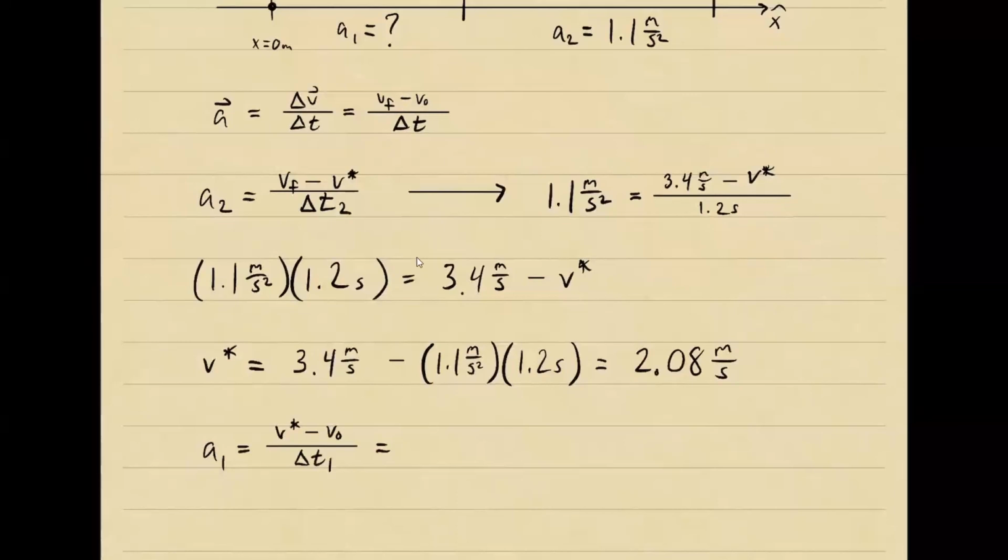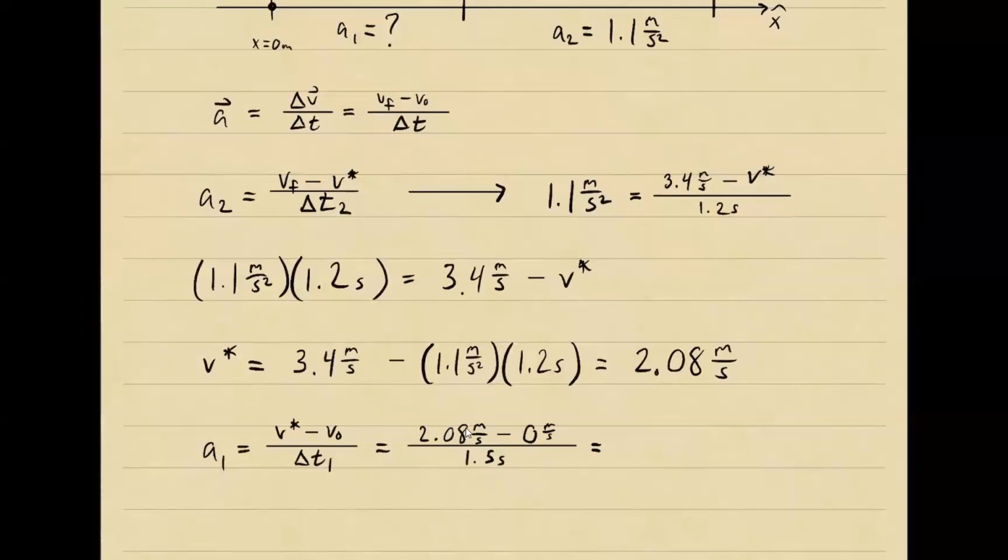So up top in the numerator, we have v star minus v naught. So v star is 2.08 meters per second minus v naught, his initial speed when he first started running, which is just 0 meters per second. It's fairly straightforward. And delta t1 is 1.5 seconds.